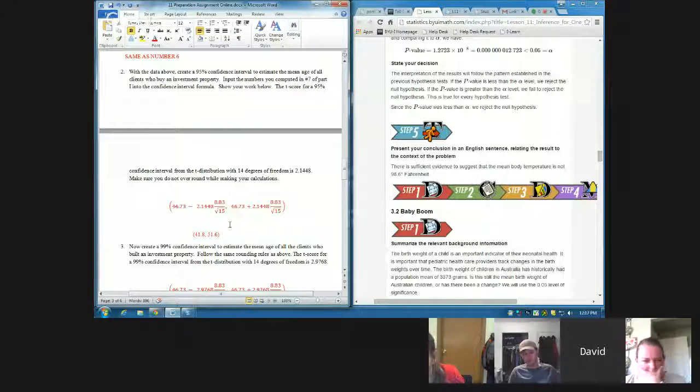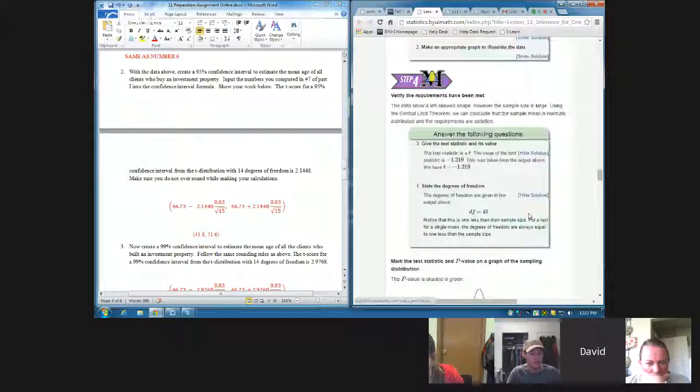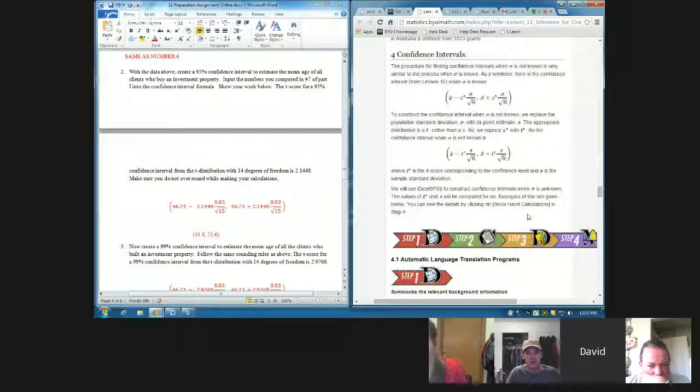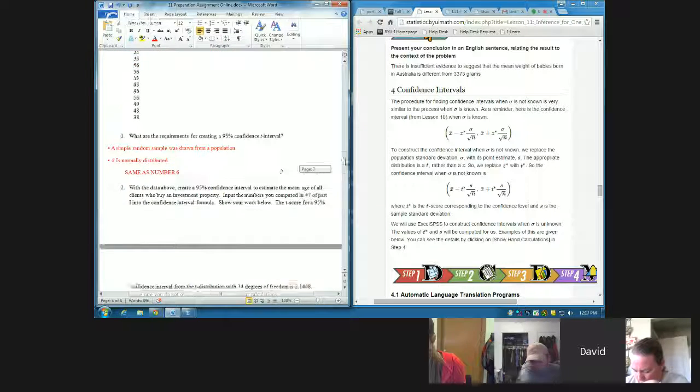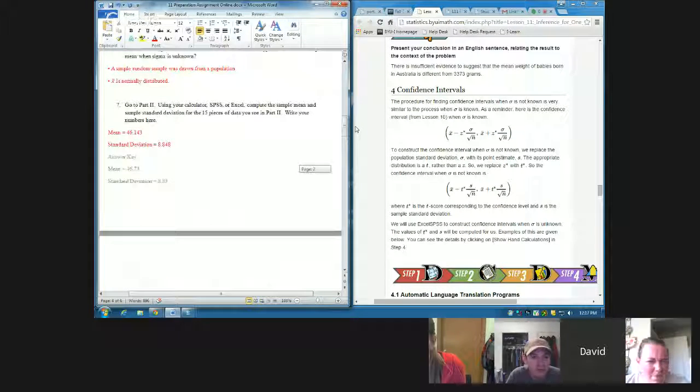So if you look at my screen, Tara, this is what I have. This is my prep assignment. Those are your answers? Yeah. So on the right side is the textbook. And so this is what you're looking for, the confidence interval. And so X bar is 46.73, and we got that from up here, the last question.